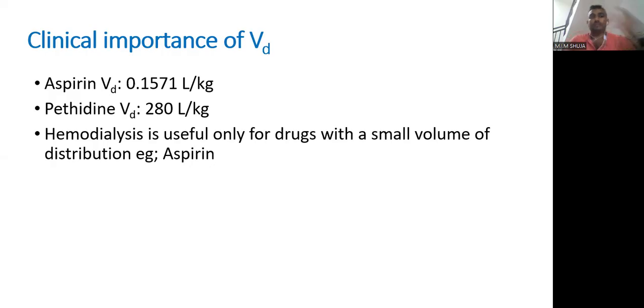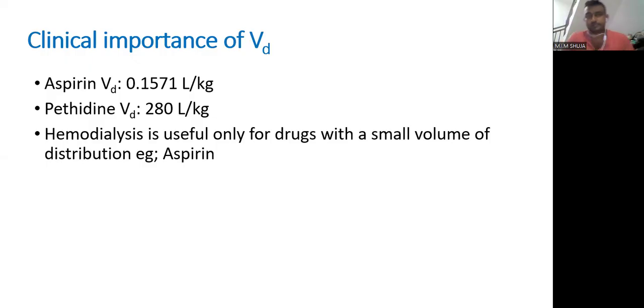But here, this is 280. That's why I told earlier, volume of distribution is hypothetical. It does not really exist in your body. It is just a hypothetical volume to make your life in pharmacokinetics easier.